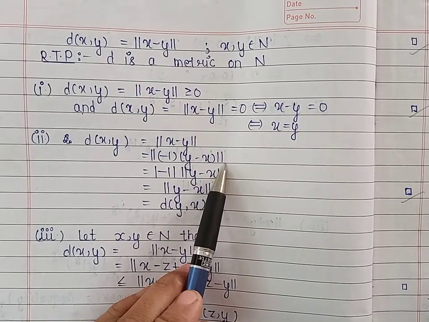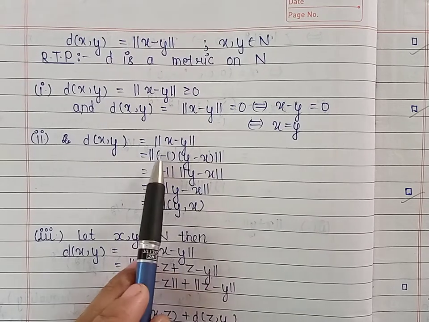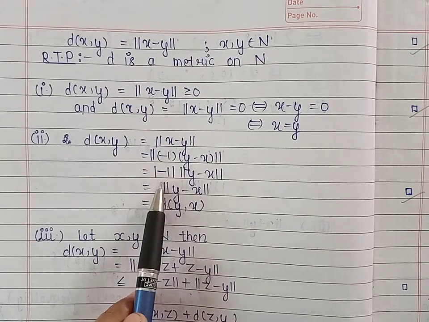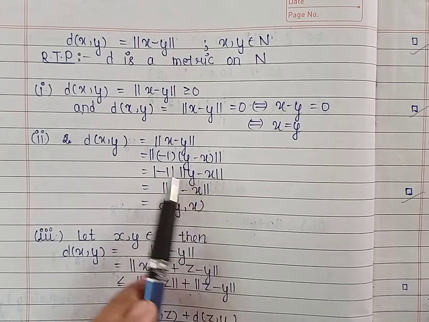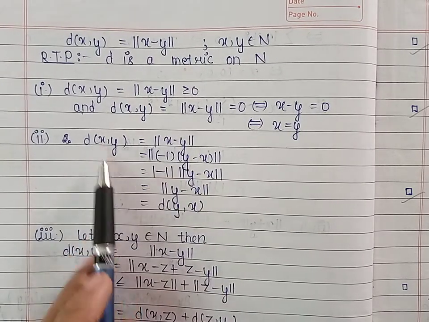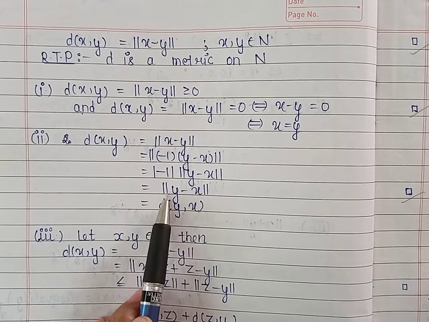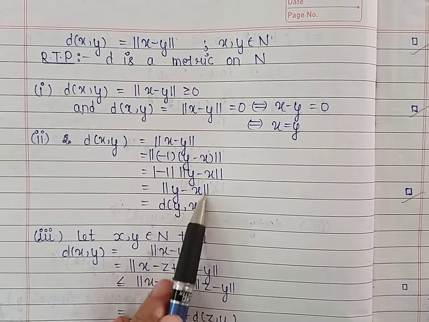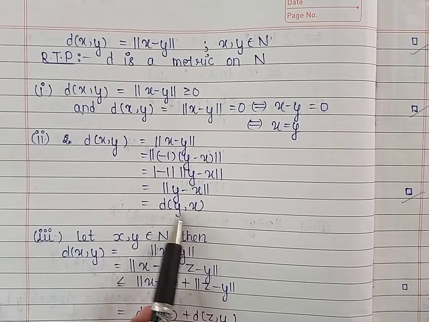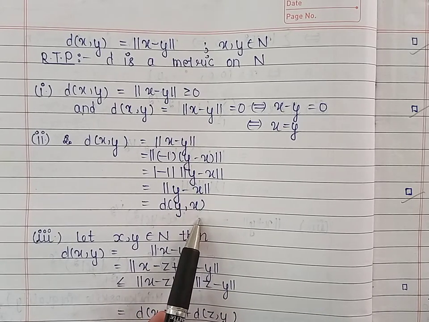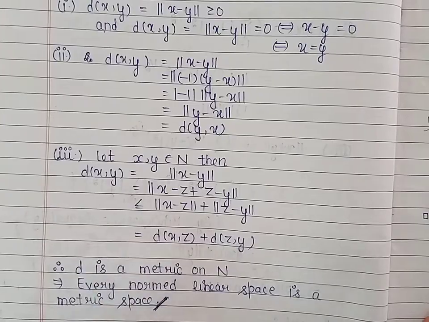Now by using the absolute homogeneous property, the modulus of the scalar minus 1, which is 1, into the norm of the vector y minus x. So the distance between x and y is the norm of y minus x, and by definition this is the distance between y and x. So this proves the symmetry.